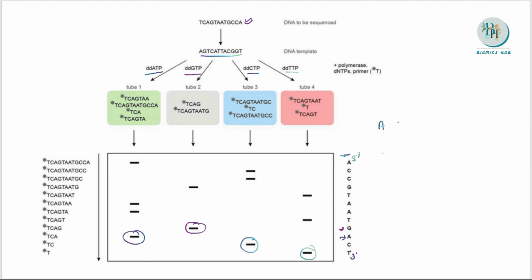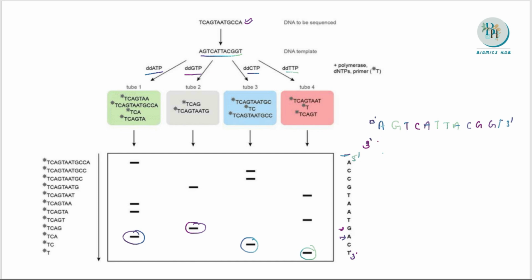It was A, G, T, C, A, T, T, A, C, G, G and T. And this sequence is in the 5' to 3' direction. So when we take the complement sequence, here it will be 3'.